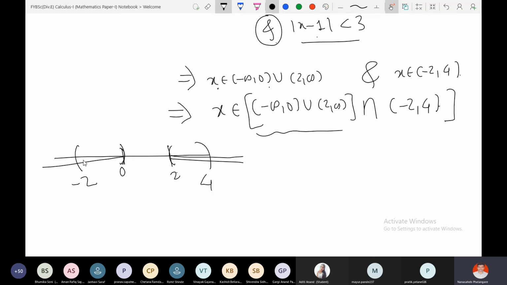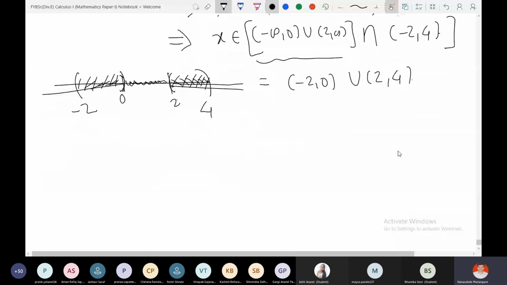Now what is the common part? Minus 1, 0, 1, 2, 3. This is the common part. This is overlapping, because this part was not in the first set, so this is not in common. This is in the first as well as the second. So intersection. And therefore, this set is minus 2 to 0 union 2 to 4.